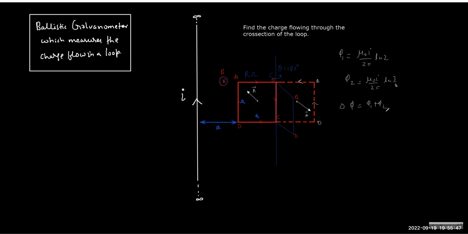So the trick part here is the flux gets added. It's not that we need to subtract, rather we need to add the value, and therefore the flux will be mu naught I by 2 pi, and then ln2 plus ln3 by 2 becomes ln3, right? Yes, sir. And therefore the total charge that will flow is mu naught I by 2 pi r.